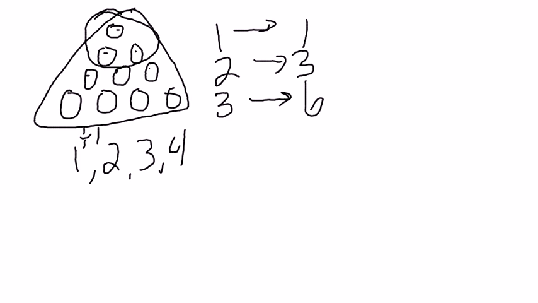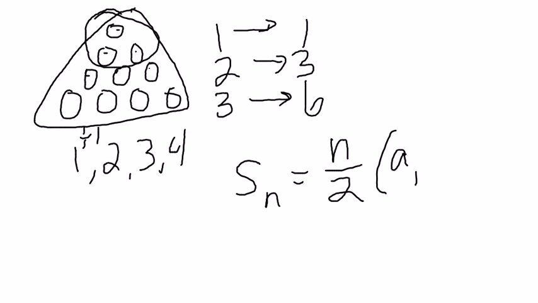So the formula for summation for an arithmetic sequence goes like this. It's S sub n equals n over 2 times the first term plus the last one that you want, which is a sub n.